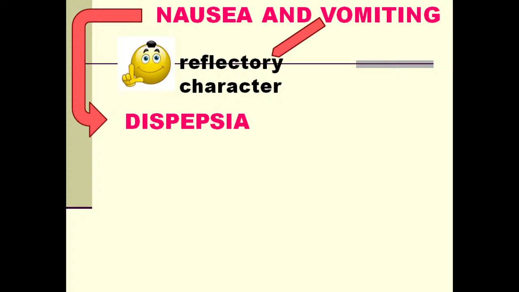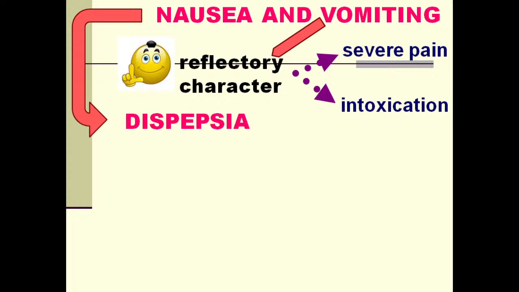Vomiting has a refractory character as a result of severe pain, which is characteristic for patients with acute pancreatitis and cancer, or as a result of intoxication, again characteristic for acute pancreatitis because of pancreas necrosis or new growth. Vomiting isn't characteristic for the patient with latent chronic pancreatitis. Nausea, yes, as a result of dyspepsia.